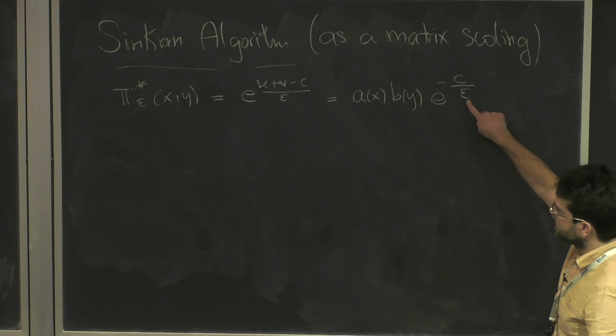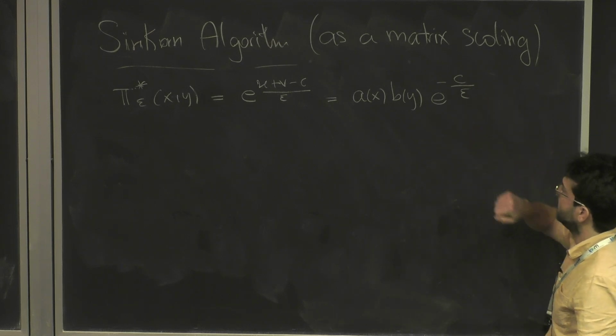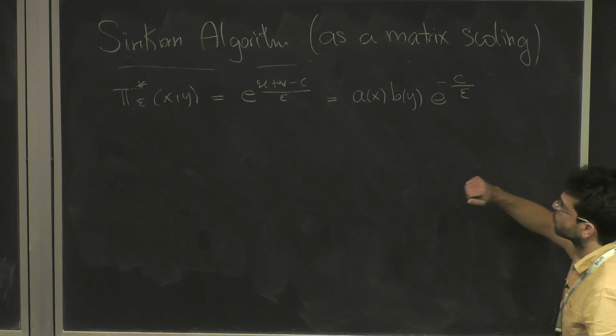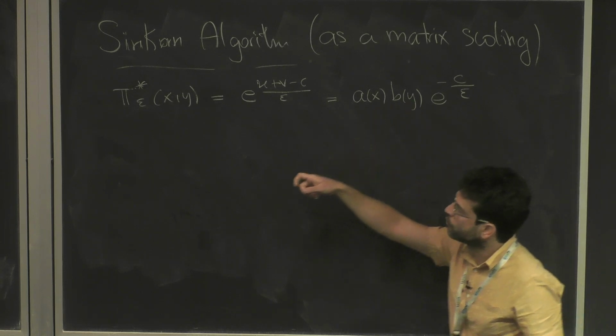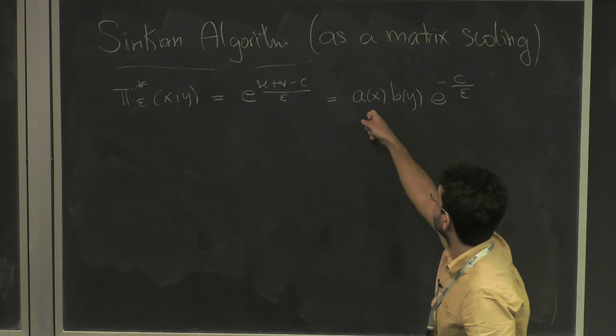Epsilon is a given parameter, c is given, so the only thing we need to determine to find the optimal pi is a and b.